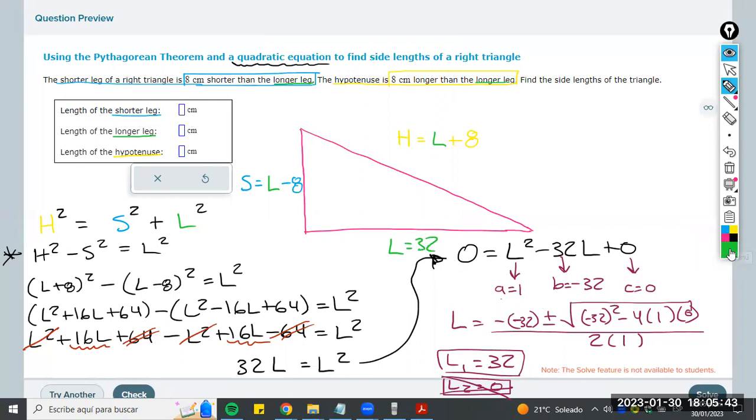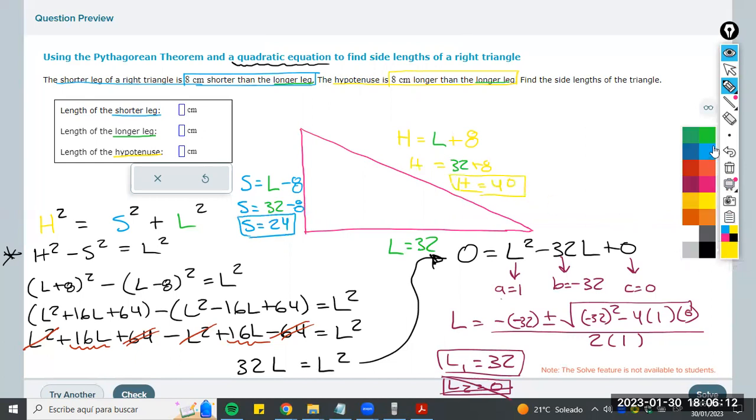And now we can find out the value of S, because L is 32 minus 8. That means that S equals 24. And H equals L plus 8, and L equals 32. That means that H equals 40.